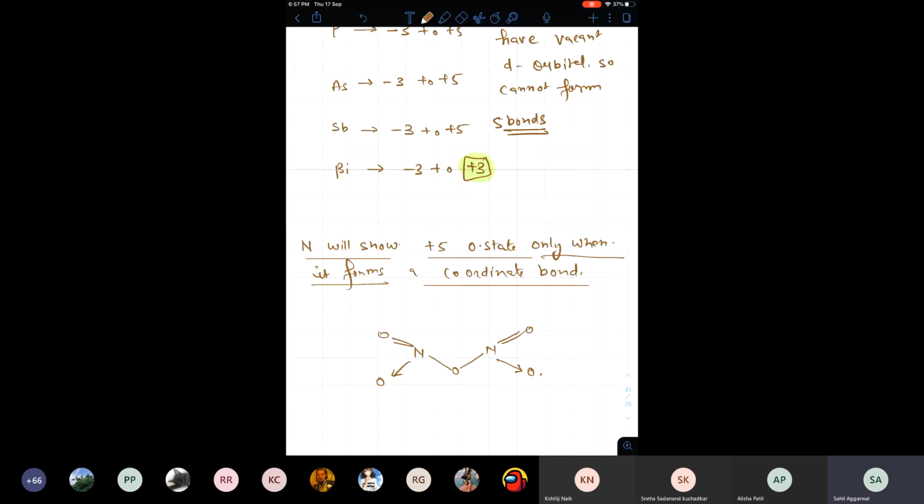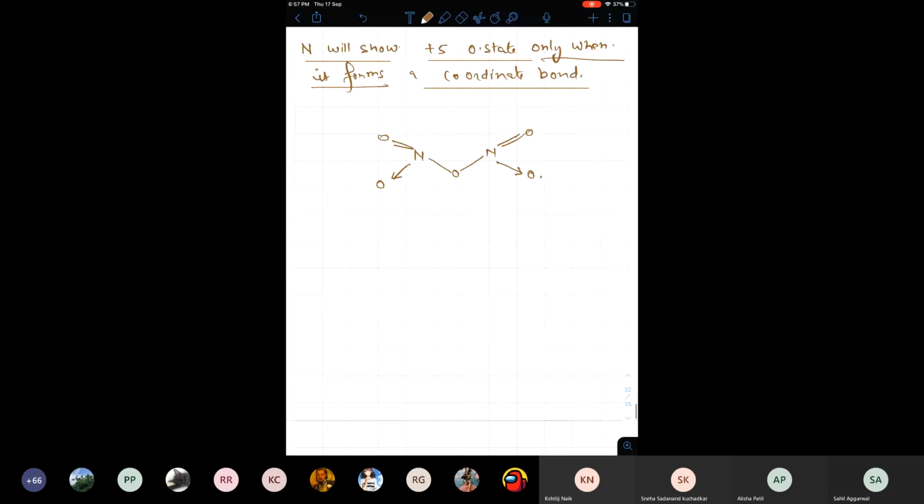Do we know how to calculate the oxidation state? This is -2, this will be +2. This is -1, this will be +1.